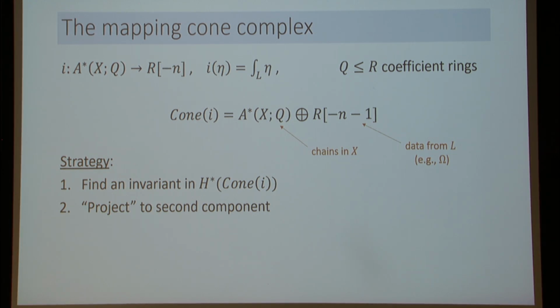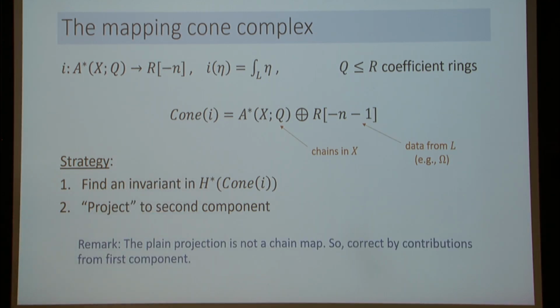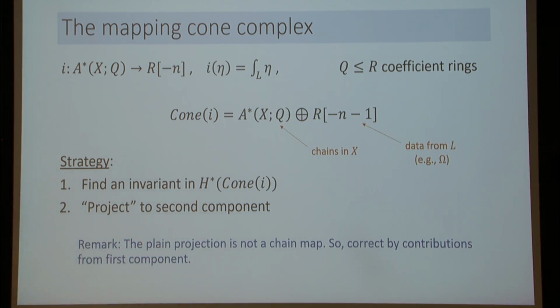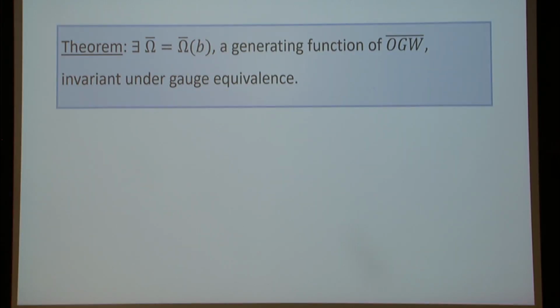And the reason you cannot just forget the X part is that the projection as is is not a chain map. If you want something invariant, you need to find a clever way of projecting it so it is a chain map. And the way you do it is exactly by incorporating contributions from X into your projection. So you take the second component, which gives you back the data you had about disks, and add to that information about spheres. And it works.